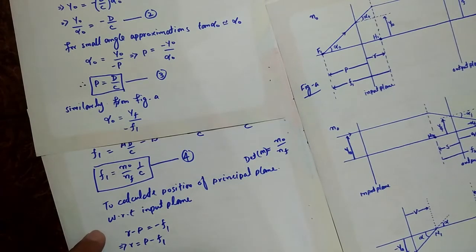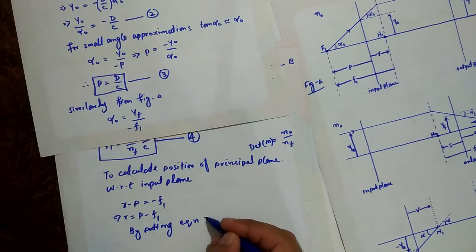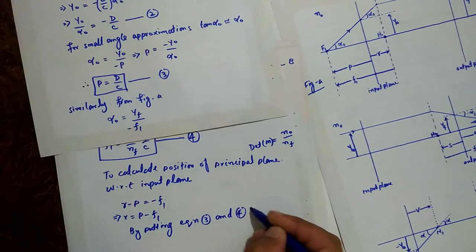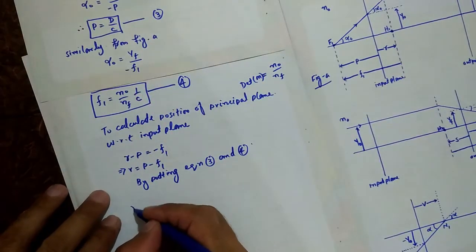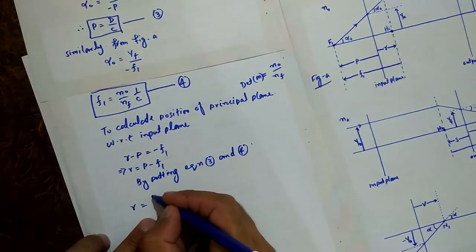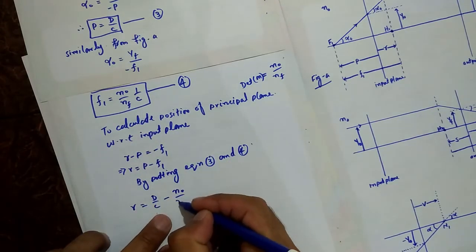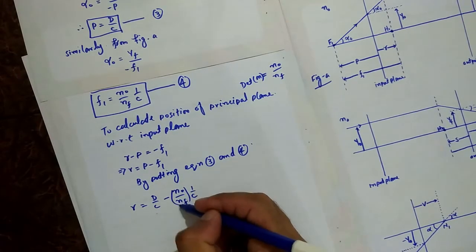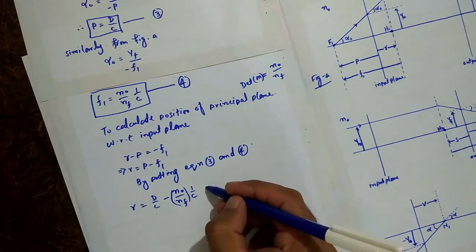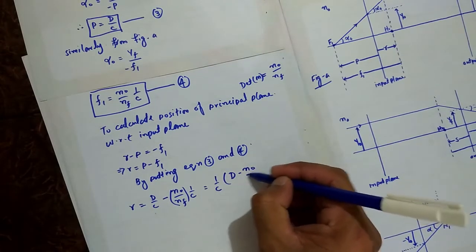So by putting equation number 3rd and fourth, we get that R will be equal to P, which is D upon C, minus F1, which is N0 over NF into 1 over C. R, we can write it as 1 over C times D minus N0 over NF.